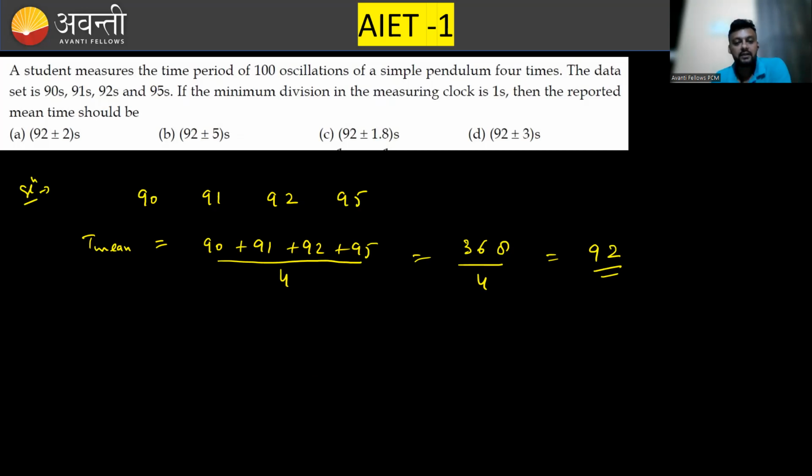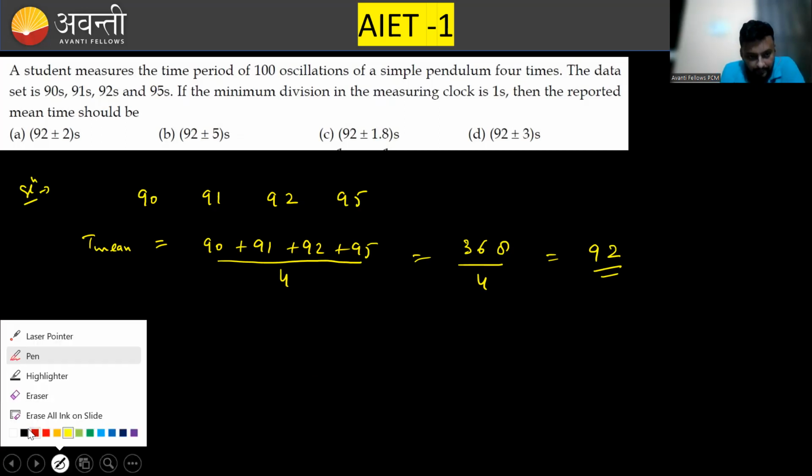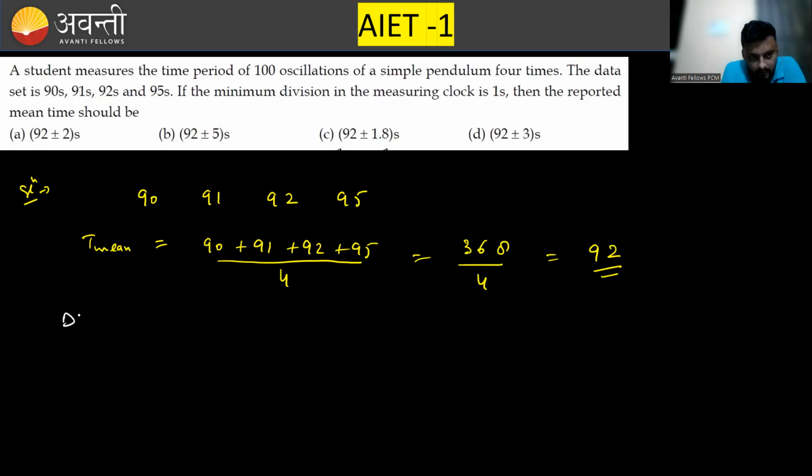Now you need to calculate the mean error, or you can say the mean absolute error. So I will calculate delta T1. This is the true value. In NCERT, there are a lot of questions based on such things.